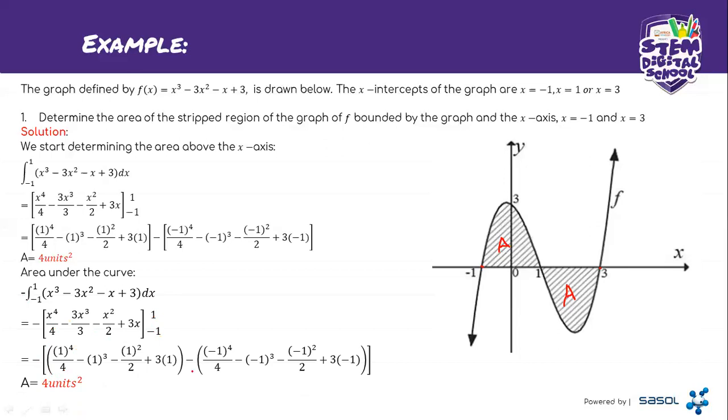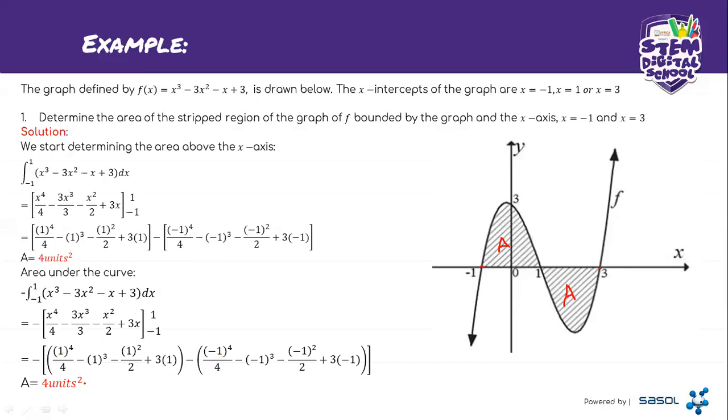Then you substitute everything, the same as you did for the area above the x-axis. Where you see x, you substitute the upper limit, then minus, you substitute the lower limit. Then when you press your calculator, you get 4 units squared.